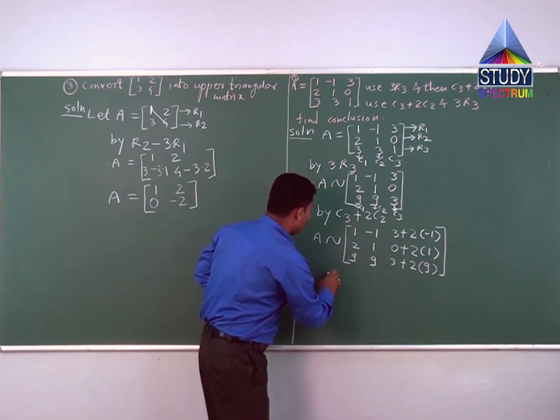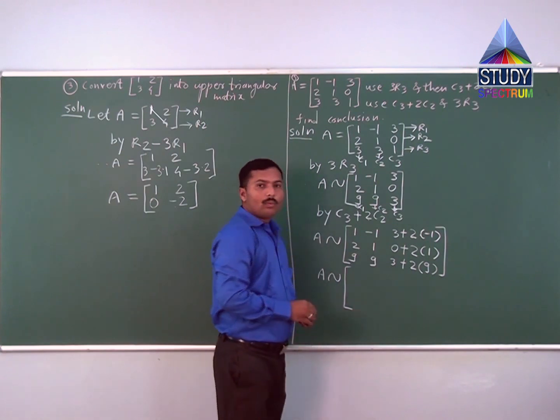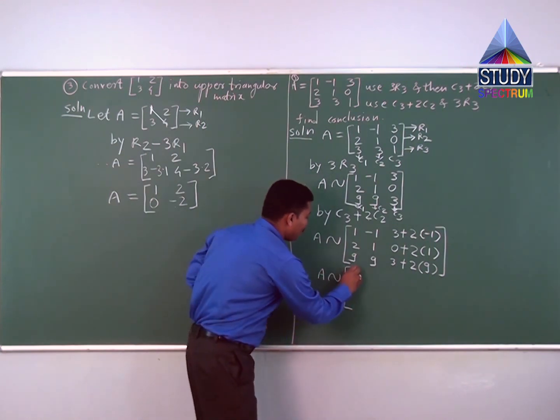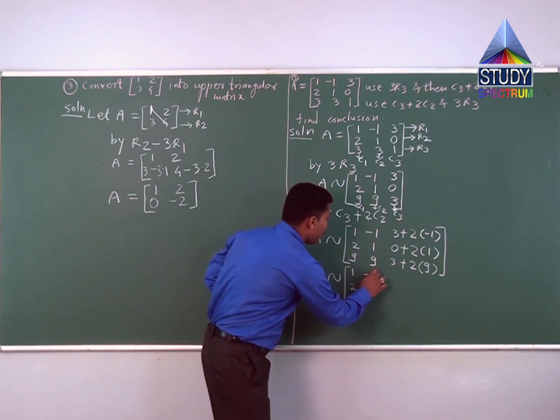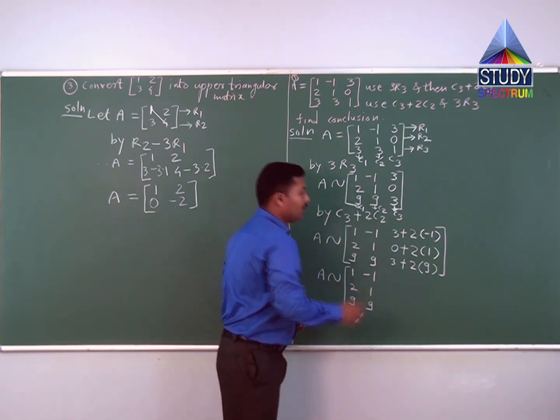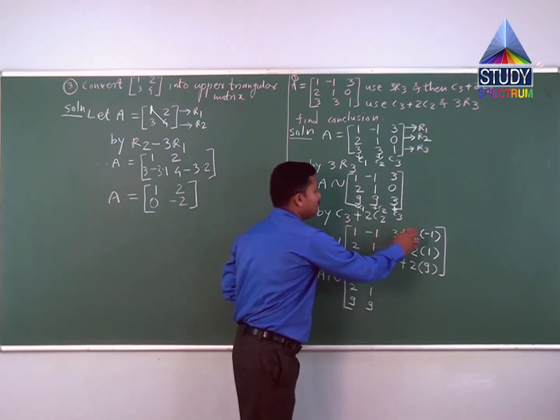Therefore A is equivalent to the first two columns as it is. So first column 1 2 9, second column minus 1 1 9, and only a change in the third column.